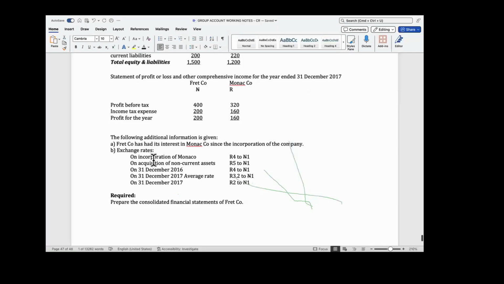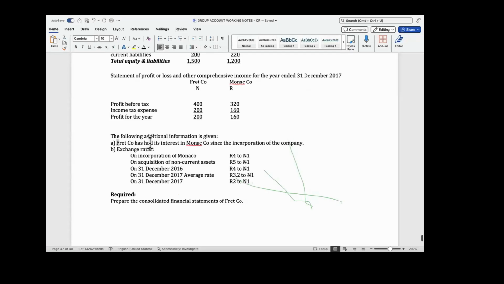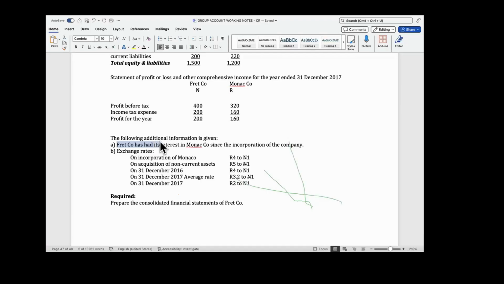Then they give us some additional information. They said Fredco has acquired its interest in Monaco since the incorporation of the company. And they give us the exchange rate on incorporation of Monaco, on acquisition of non-current assets.